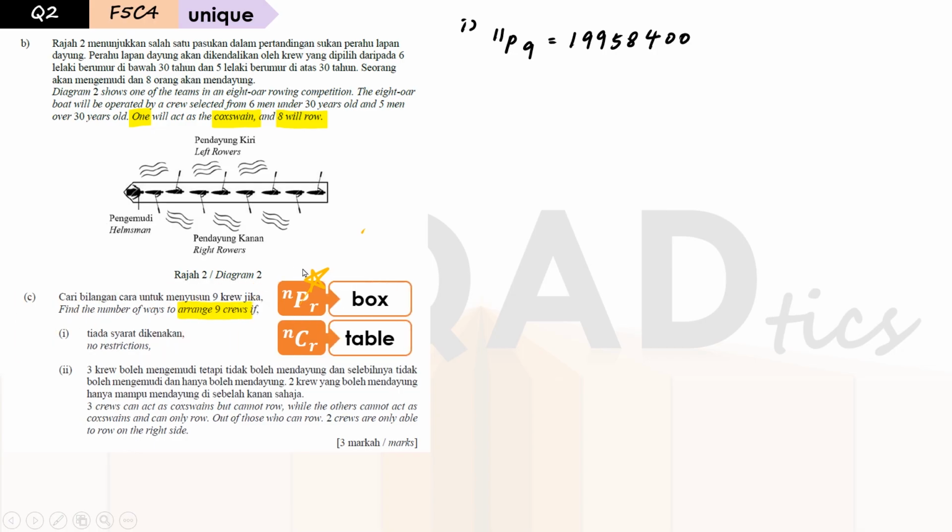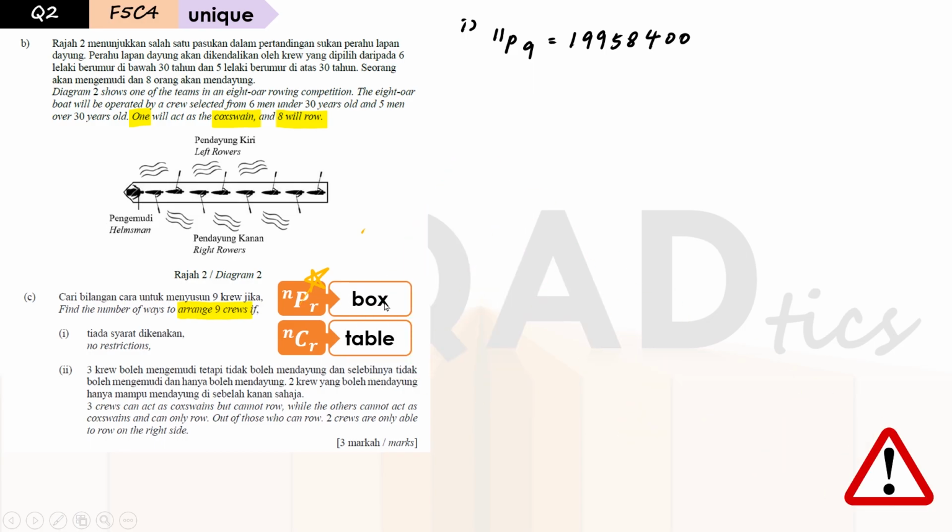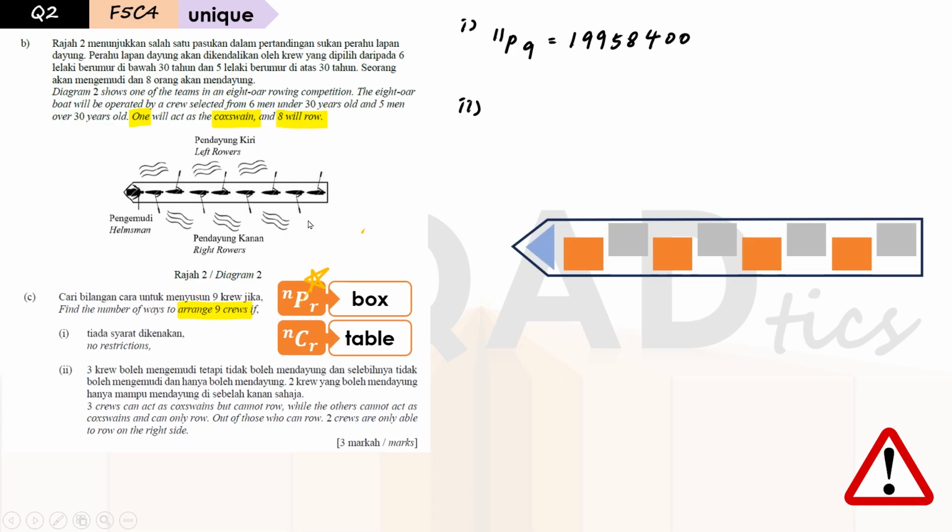So let me pull out the technique if we are solving permutation questions. We can use this technique which is called boxes. To use this boxes way, from this question, let me duplicate a similar view from diagram 2. As you can see here, there are 3 kinds of boxes. The first kind of box is this triangle.